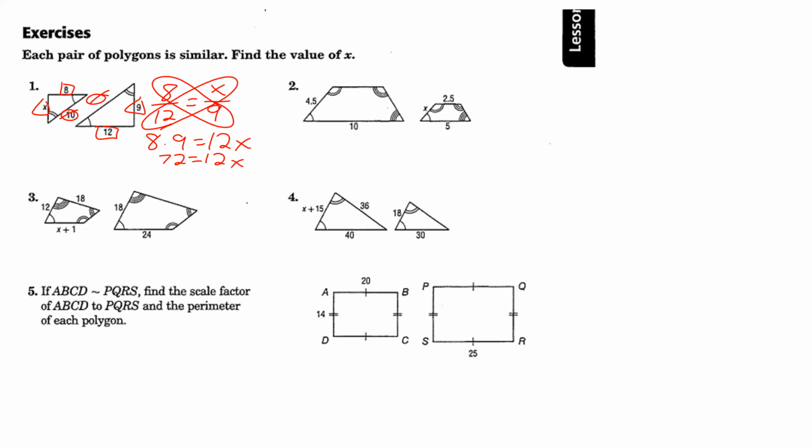All right, now we have to solve. How do we get x by itself? Divide off the 12, and we get what for x? 6. Sorry, I have to start writing the answer when I ask for it. So that's all we have to do. We have our answer, and that's all they asked for, was x.